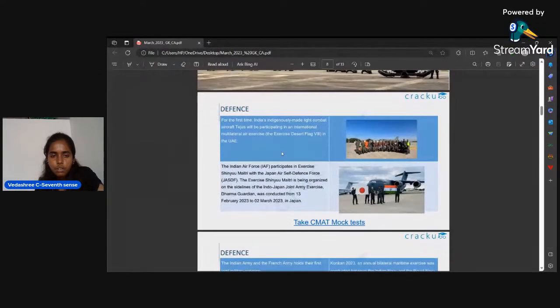For the first time, India's indigenously made light combat aircraft will be participating in an international multilateral air exercise in the UAE. These types of questions will be asked based on defense, sports or any awards. These are current affairs.